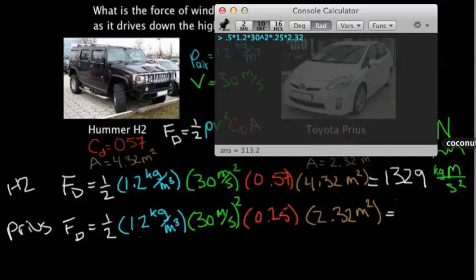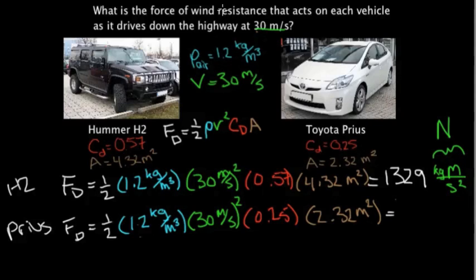Always remember you have to square the velocity in this equation. You get 313.2. Okay, so let's write that in. 313, and again we have newtons here.